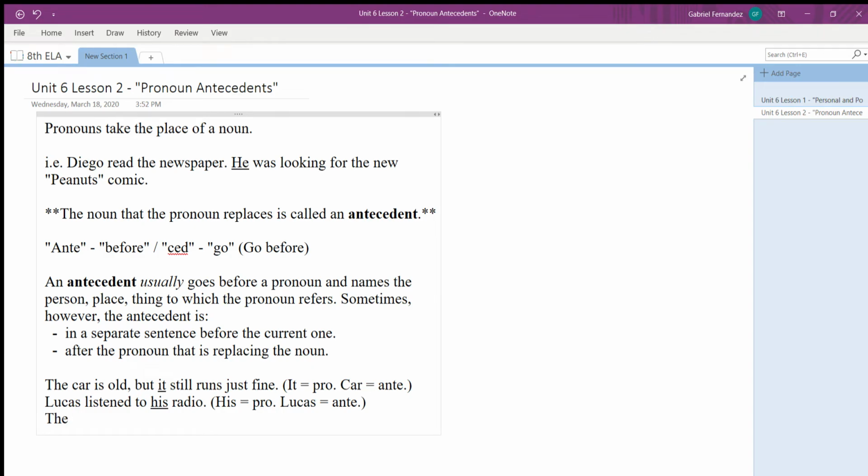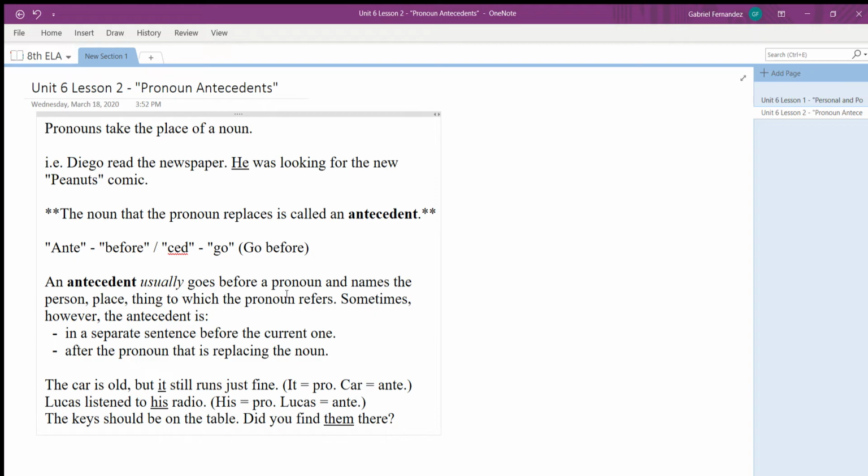The keys should be on the table. Did you find them there? Here's what I was talking about. We have two separate sentences. The keys should be on the table, period. Did you find them there? Question mark.